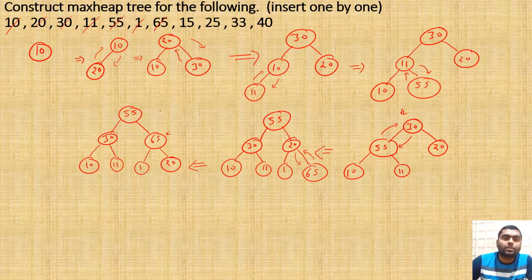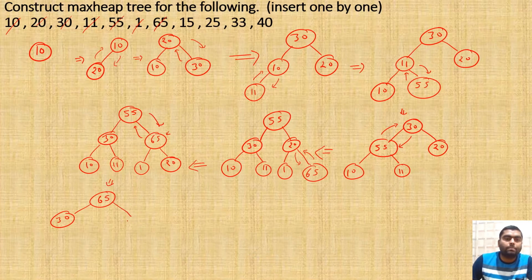So now just interchange this. If you interchange this with the parent, finally you will get 65 as the root node, and left must be 30, and right to 65 is 55.